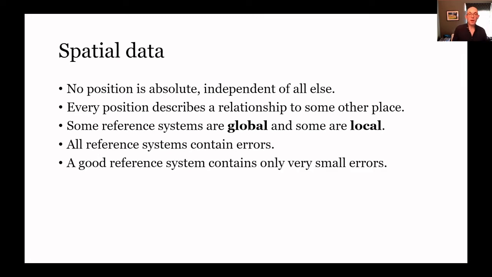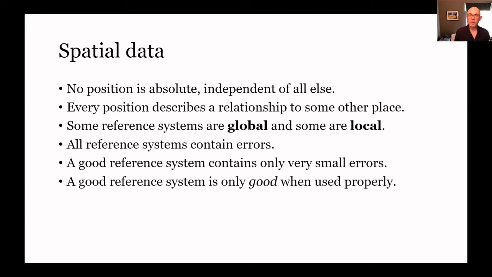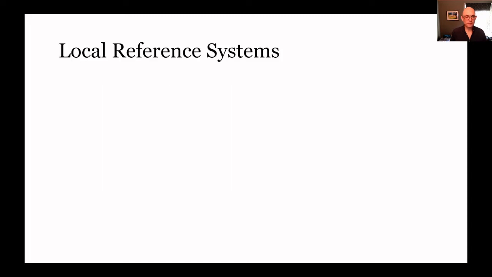But we can hope they only contain small errors, that we have a good reference system in which the errors are small, but that only means in relation to what we want to do with that coordinate system. So a coordinate system may be adequate for one purpose, inadequate for another, or inappropriate for another purpose. So these things are products very much for an intended use, as well as being derived from something unavoidable as the Earth.